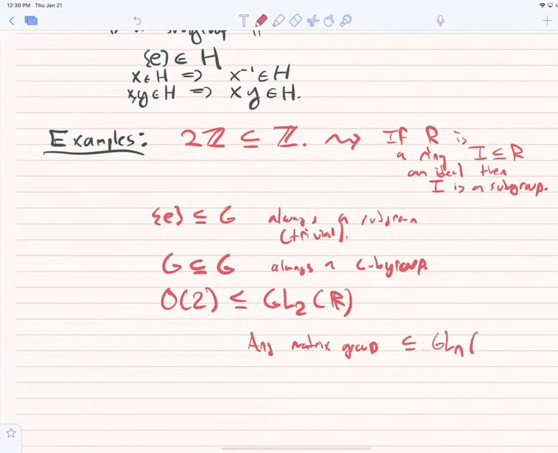And by the way, there's a nice interpretation of matrix groups. With the orthogonal group, that stabilizes the standard linear pairing, the standard symmetric inner product. That sort of makes sense. It's particularly well behaved over the real numbers, but that makes sense over any field.